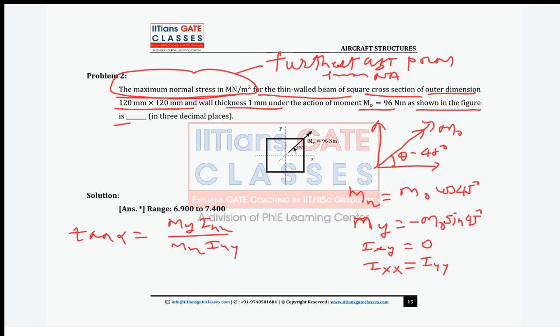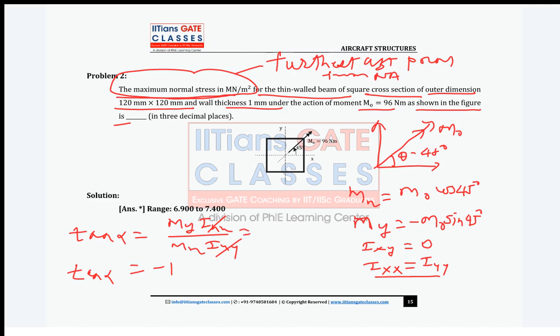Here Ixx and Iyy are the same, and My and Mx you can find out. What is the tan alpha coming? It is coming as minus 1, right?